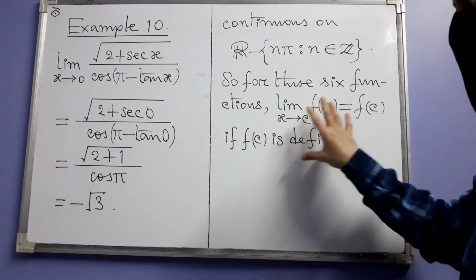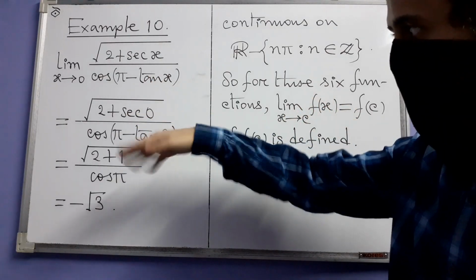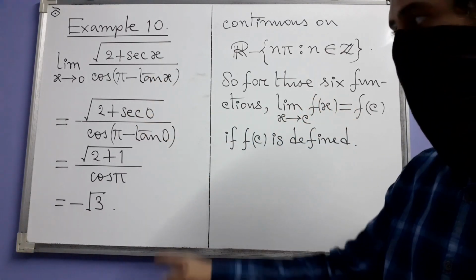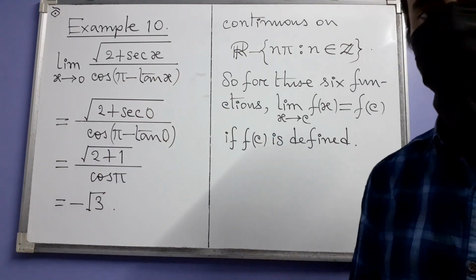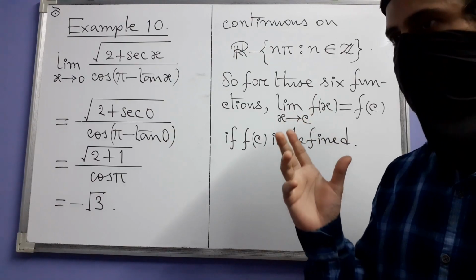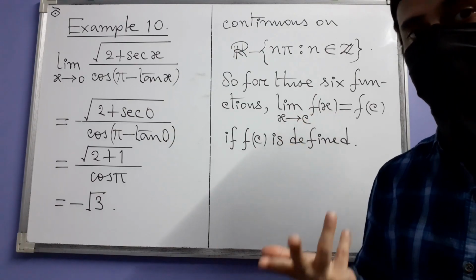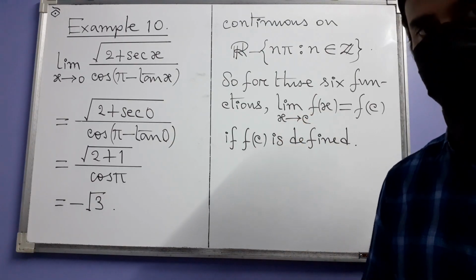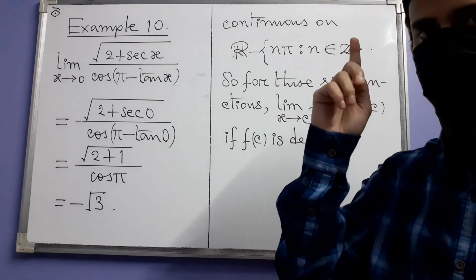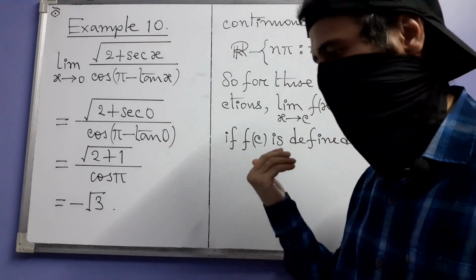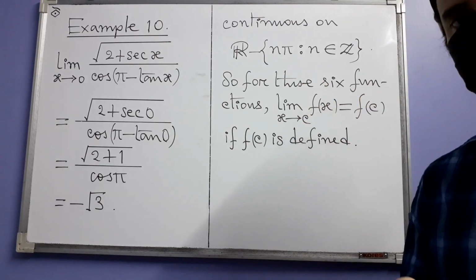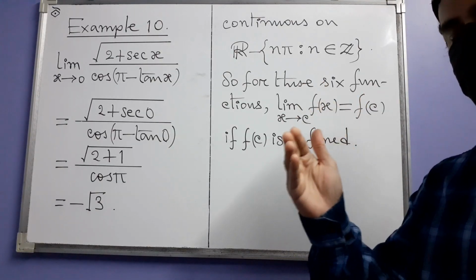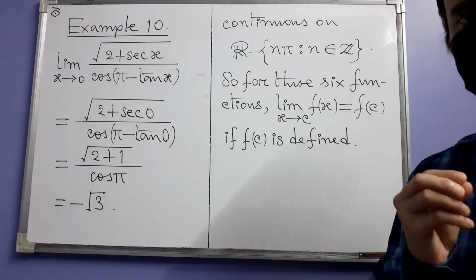But that alone, of course, does not allow us to do this. What allows us to do all these things in such a straightforward manner are the limit laws. The algebra of limits that we saw earlier, that you can add 2 functions and to calculate the limit of the sum, it's enough to calculate the limits of the individual functions and take their sum.